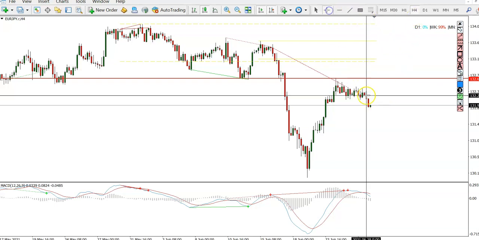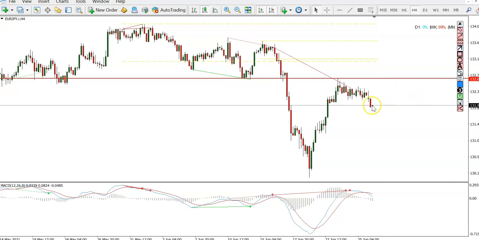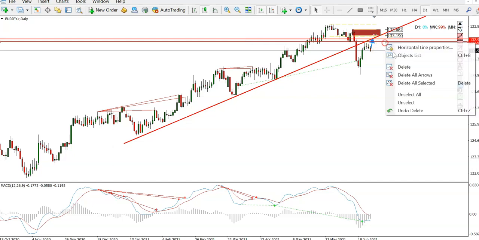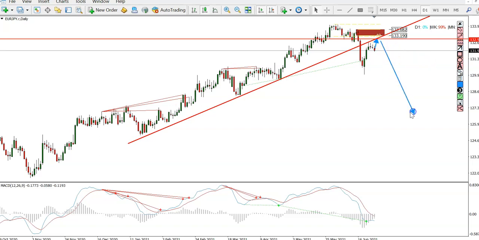I want it to come up here, hit the 132.900 and then sell off. That's what I'm looking for the market to do this week on the EURJPY.